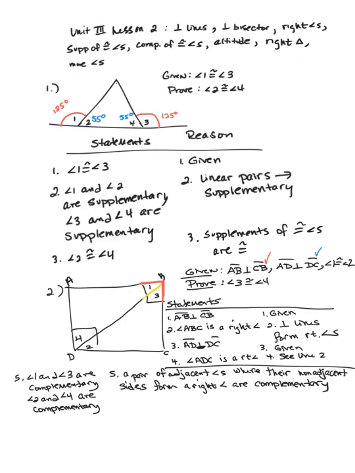Okay, but we already have that angle 1 is congruent to angle 2, so let's put that down. I think I said 3 by mistake. Okay, that was given.